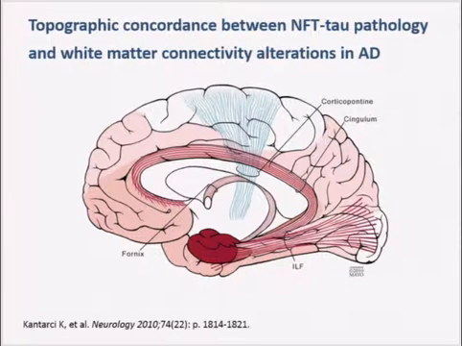As you can see, the medial temporal lobe is involved severely and earliest, which then spreads into other paralimbic cortices and then to neocortex, association neocortices, and the primary sensory motor and visual cortex is affected at the end of the disease. And as you can see, the tracts that connect these medial temporal lobe areas are the tracts that are mostly involved with our DTI measurements, which are the fornix and the cingulum here, as well as the inferior longitudinal fasciculus.